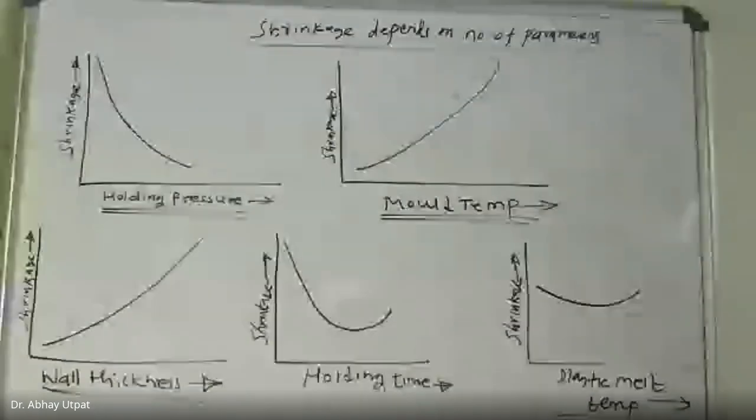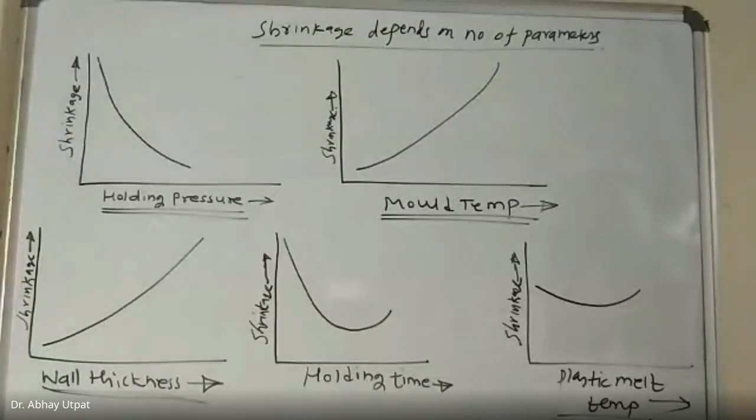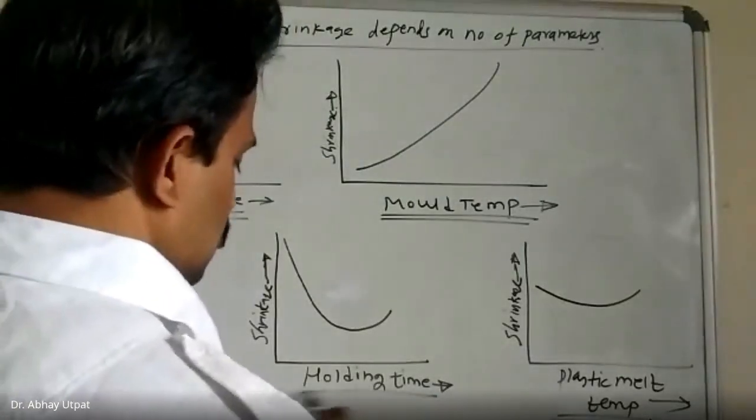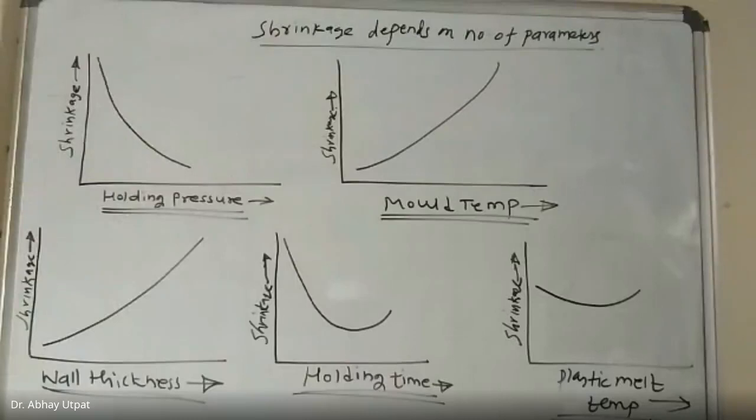Next one is holding time. As holding time increases, initially shrinkage decreases, but later on it goes on increasing. And next one is plastic melt temperature. It will not have that deep an effect. So initially it increases, decreases, and again increases. So draw all these 5 plots.